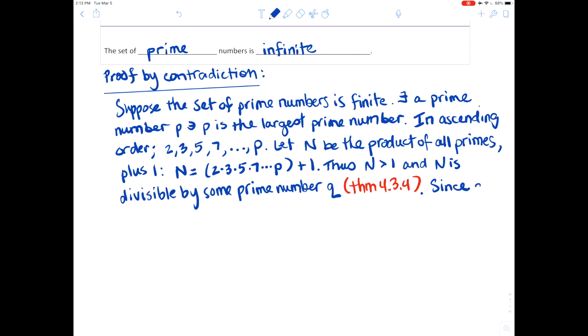Since q is prime, what must be true? q must be something in that list, right?